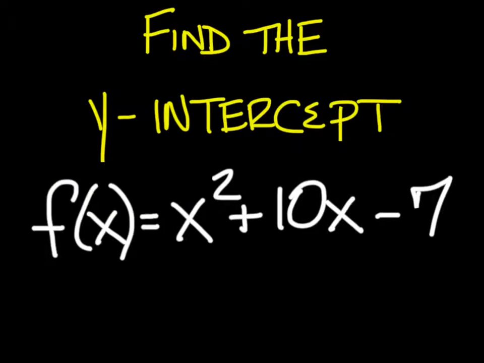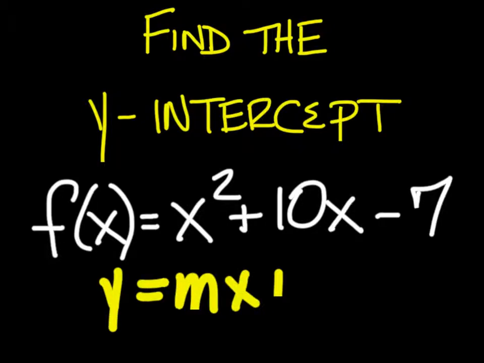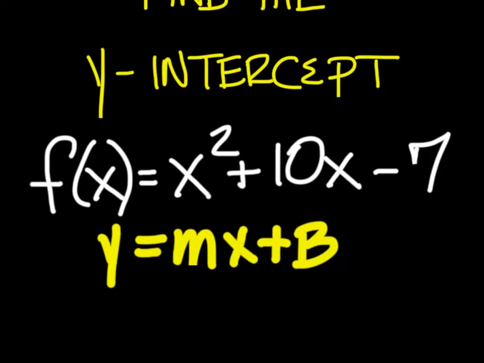First thing you have to do is find the y-intercept. Do you remember how to find the y-intercept? You can find it from the form y equals mx plus b if we were doing a linear equation.